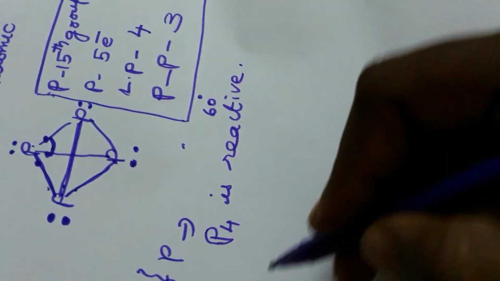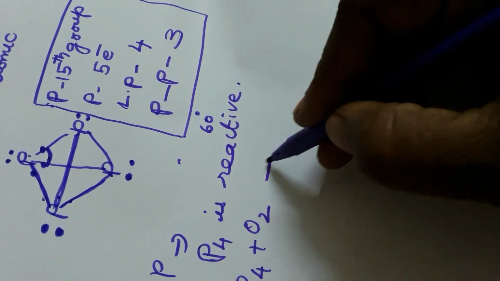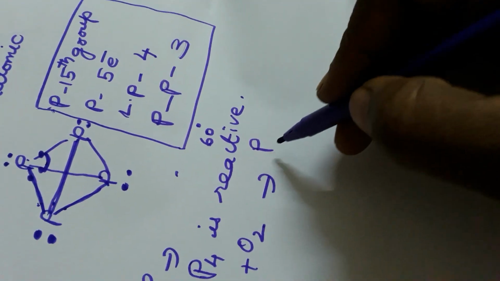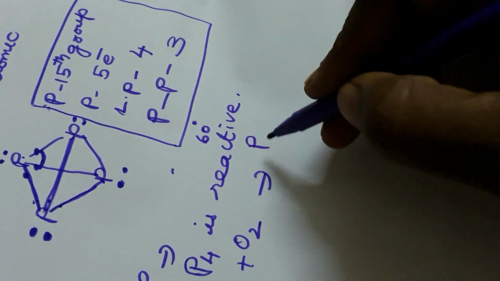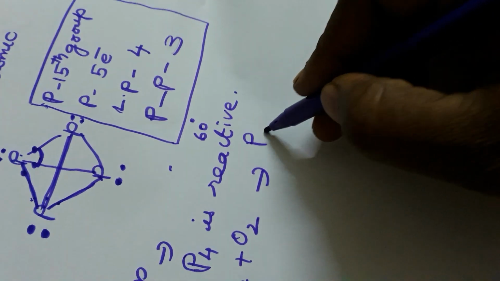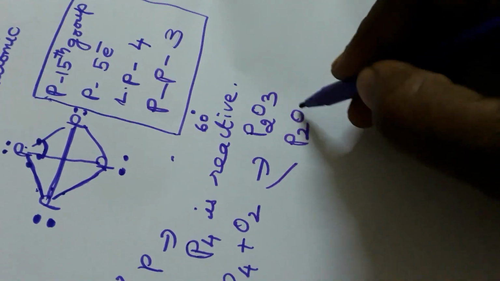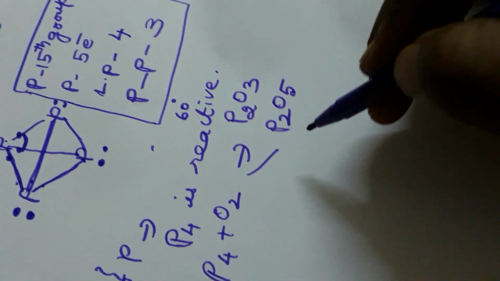What does reactive mean? It reacts with oxygen readily. When it reacts with oxygen, what will happen? It forms phosphorus oxides. We know only 2 stable phosphorus oxides, P2O3 and P2O5. These are the well-known phosphorus oxides. But actually, it forms dimers.